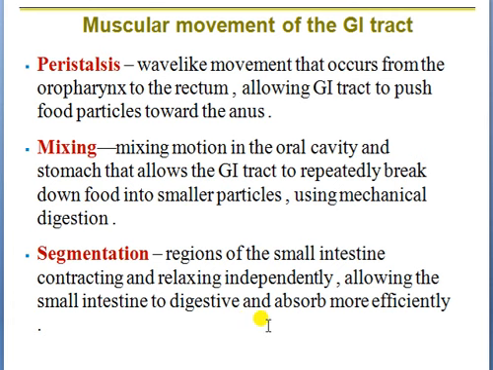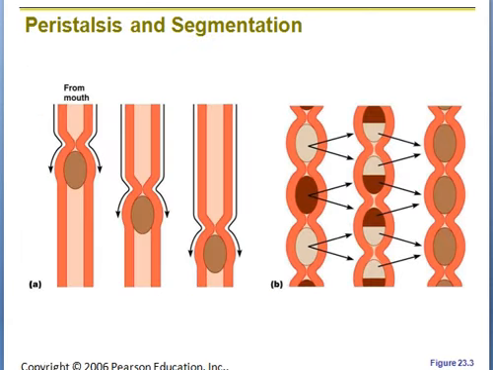Okay, then we can see the next slide. From the mouth, after the formation of the bolus, here the contraction, here the relaxation, contraction, relaxation, it happens automatically, only in this way.